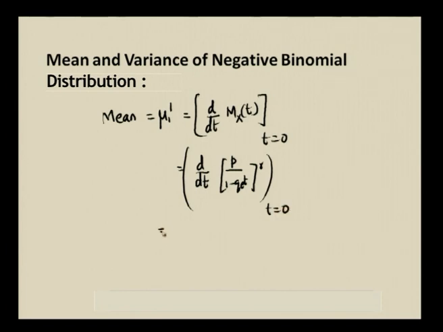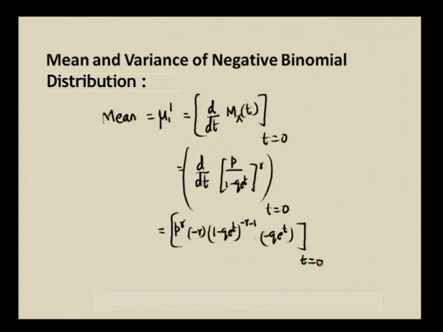So, how to differentiate that? p^r is constant and I shall write this as (1 − q e^t)^{−r}. So, −r (1 − q e^t)^{−r−1} into the differentiation of the inside part, −q e^t. Now, we have to put t = 0.